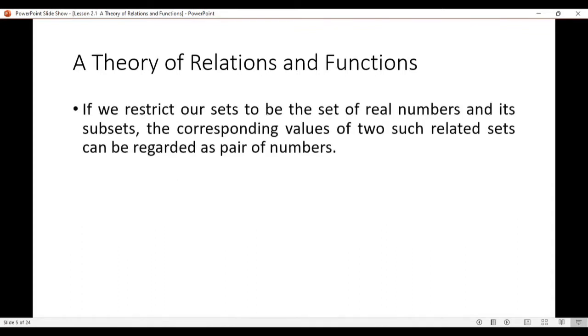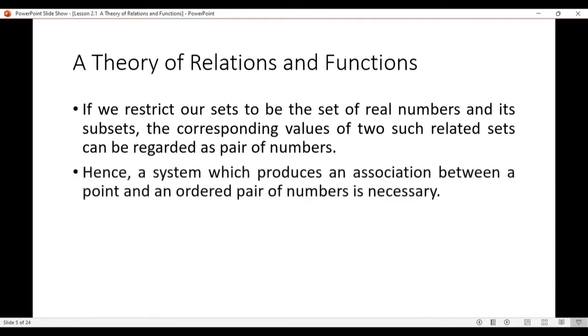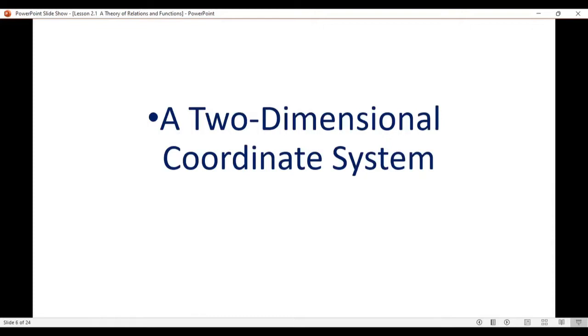If we restrict our sets to be the set of real numbers and its subsets, the corresponding values of two such related sets can be regarded as pairs of numbers. Hence, a system which produces an association between a point and an ordered pair of numbers is necessary. So we have a two-dimensional coordinate system.